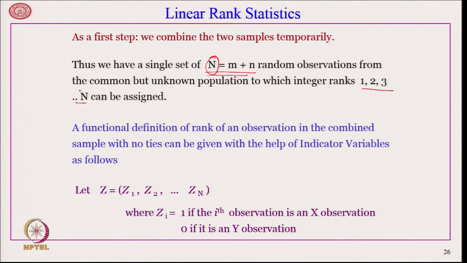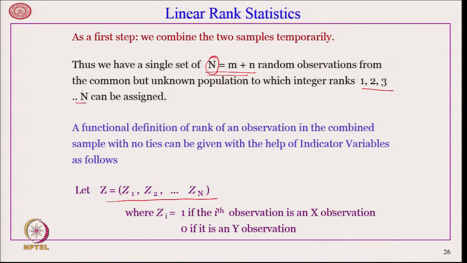A functional definition of the rank of an observation in the combined sample with no ties can be given with the help of an indicator variable. So, let z equal z1, z2, up to zN be a vector of indicator variables, where zi is equal to 1 if the ith observation is an x observation and 0 if it is a y observation.